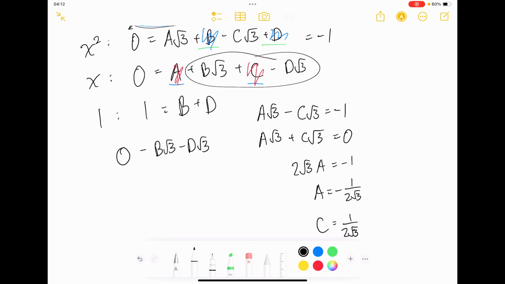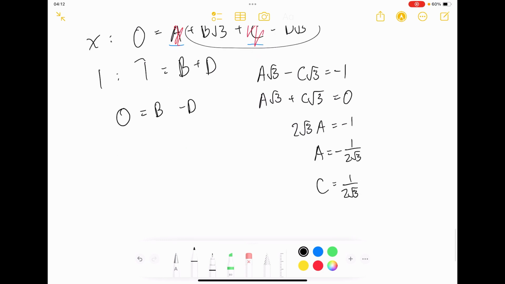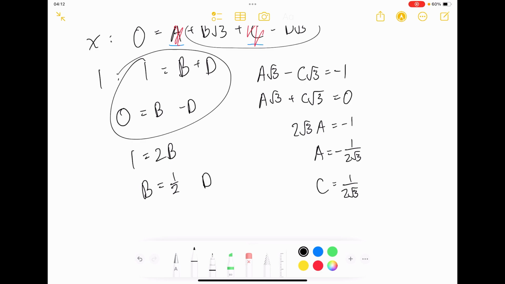So b minus d is actually just 0. Divide by root 3 all over, and then these two simultaneous, add them together, 1 equals 2b. So b is 1/2, and d is 1/2 as well, because 1 equals b plus d.